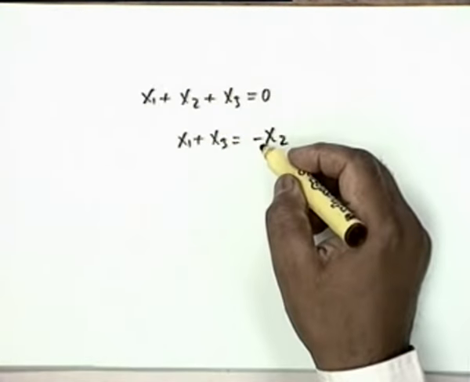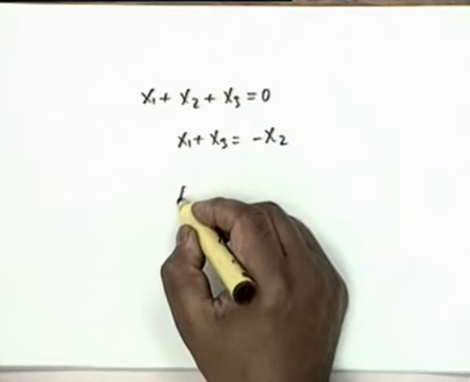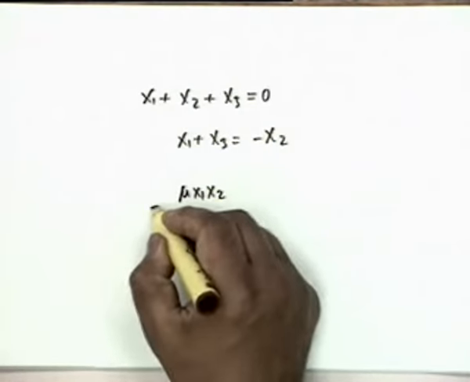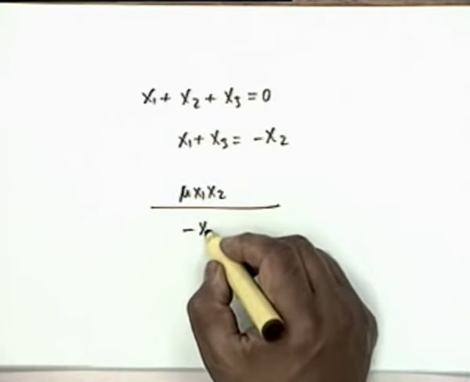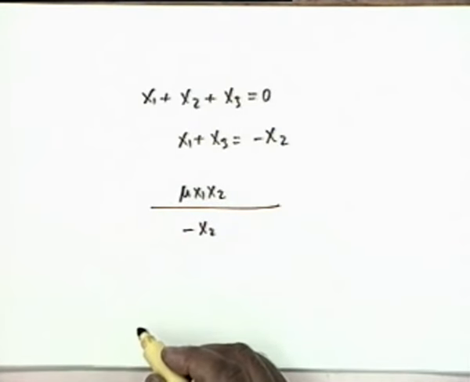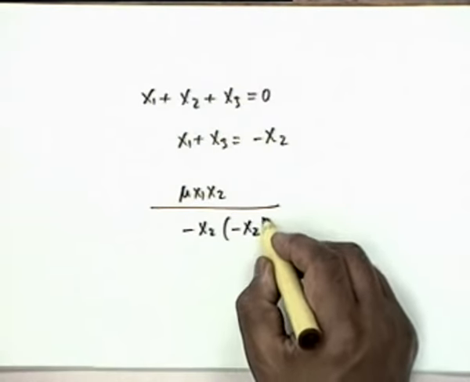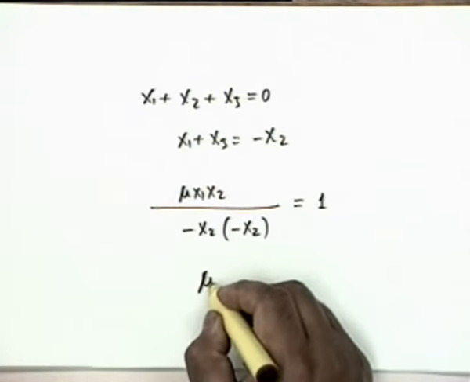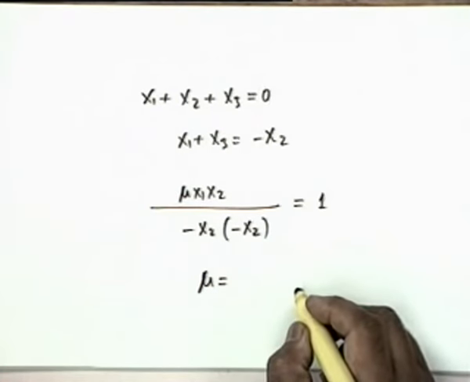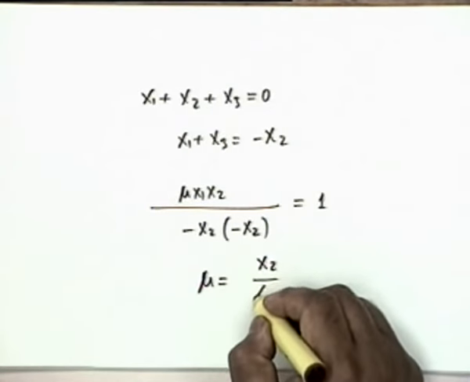Now if I substitute back, mu x1 x2 divided by, the imaginary term is 0, so minus x2 multiplied by (x1 plus x3), which is also minus x2. Therefore this should be equal to 1, which means that mu should be equal to x2 by x1.